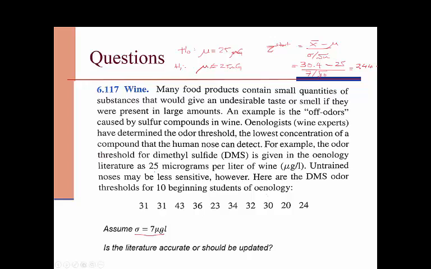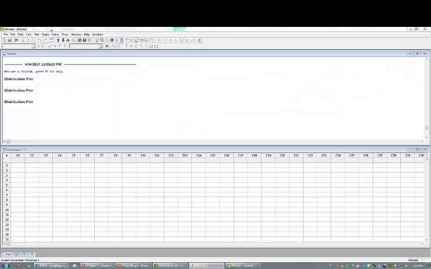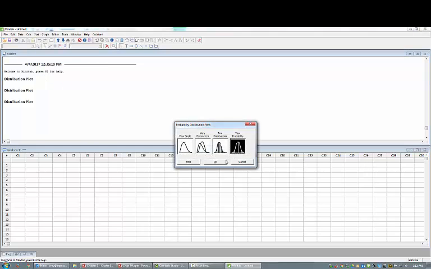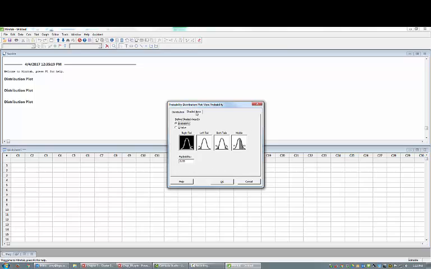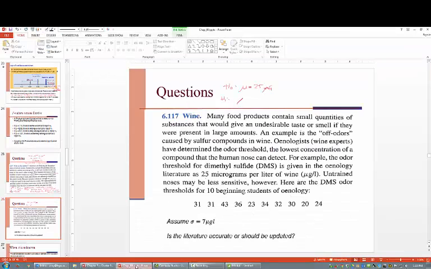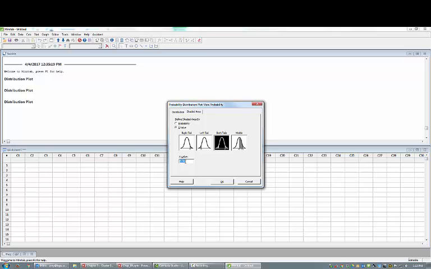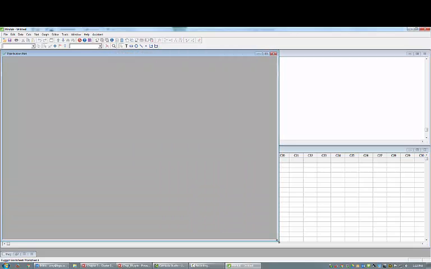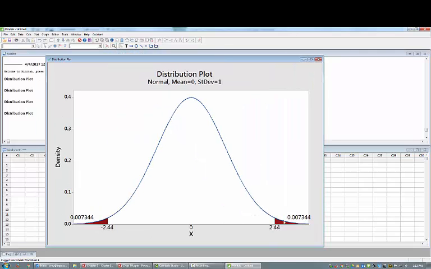Then we just have to find the p-value. So again, back to Minitab. So back to graph, probability distribution function, view probability. Right? Now we have the z value and we're looking at it as two-sided. Right? It was two-sided. And our z value was 2.44. And we find out that the probability on each side is 0.0073.